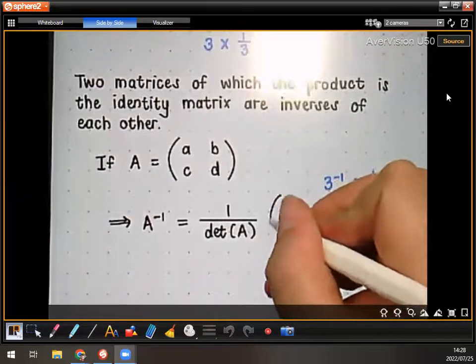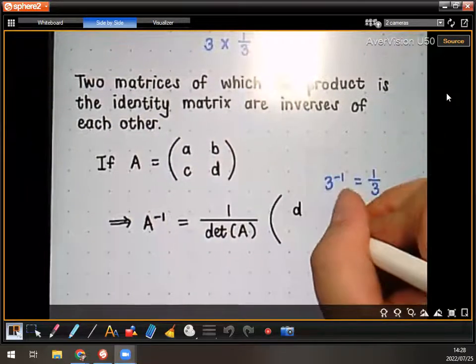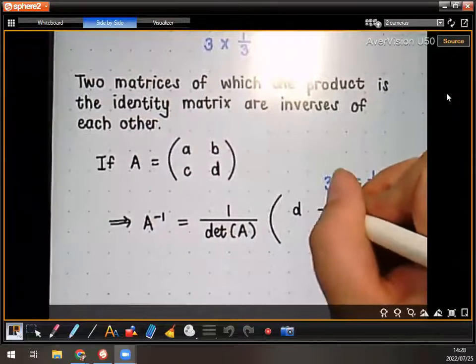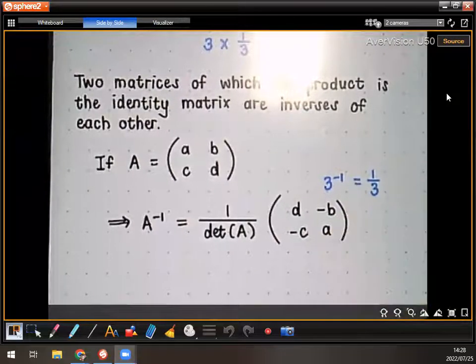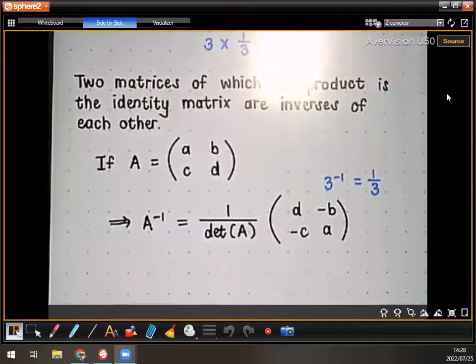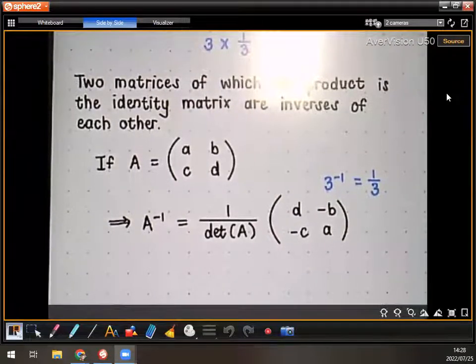Okay, and then after that, now I must just remember, I think you swap these two around and you change the signs of these two. Now just hang tight, let me just double check this quickly. I think that is fine. Let me just double check it.